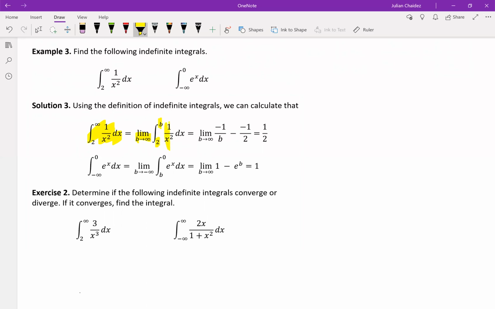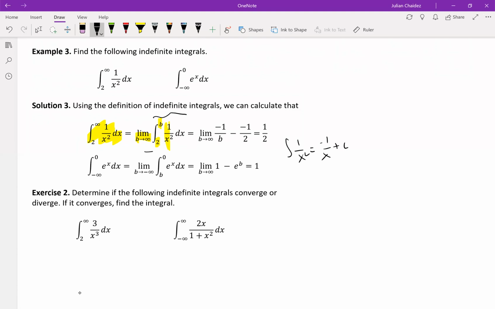So I know how to take this inner integral. The integral from 2 to b, where b is some finite number, is pretty easy. I know that the integral of 1 over x squared is negative 1 over x plus c.